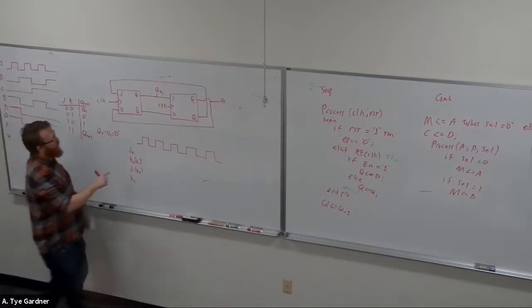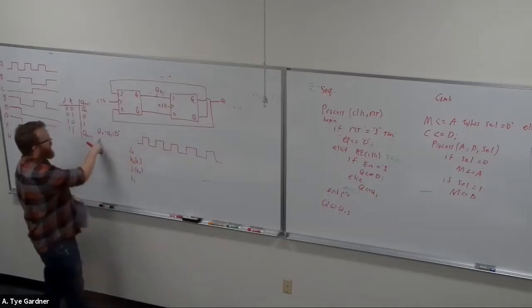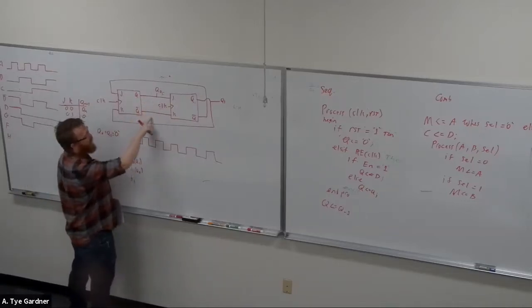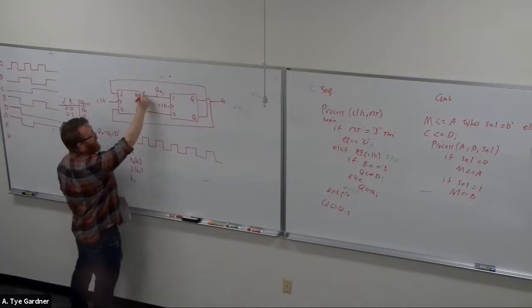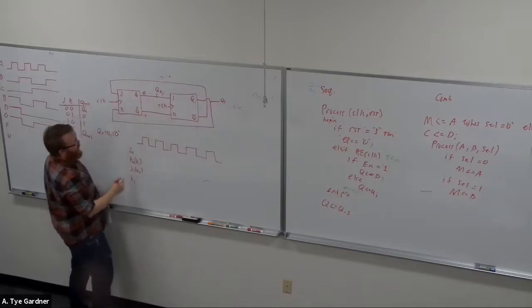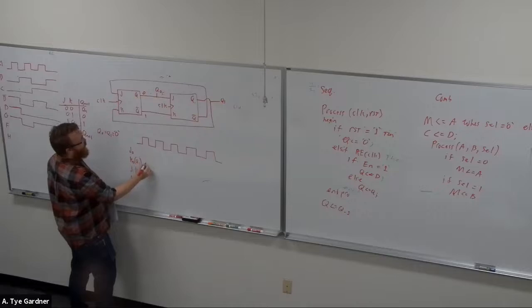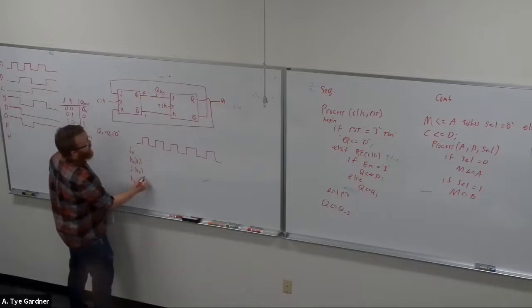You can easily start with the fact that I specified Q0 is 0 at time 0, and Q1 is 0, so this is 0, this is 1, and you can go to J1, K1, where J1 is 0, which makes that 1.